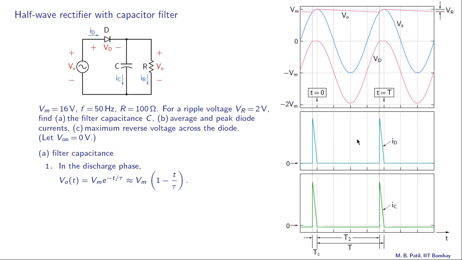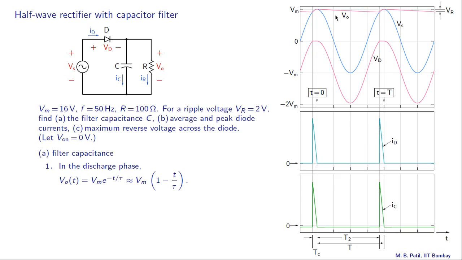And this part, this interval, which is marked as T2 here, this corresponds to discharging of the capacitor through the resistor. So the diode is off, and because the capacitor is discharging through the resistor, we have this drop in the output voltage. At this point, once again the diode starts conducting, and the capacitor voltage, the output voltage, increases.